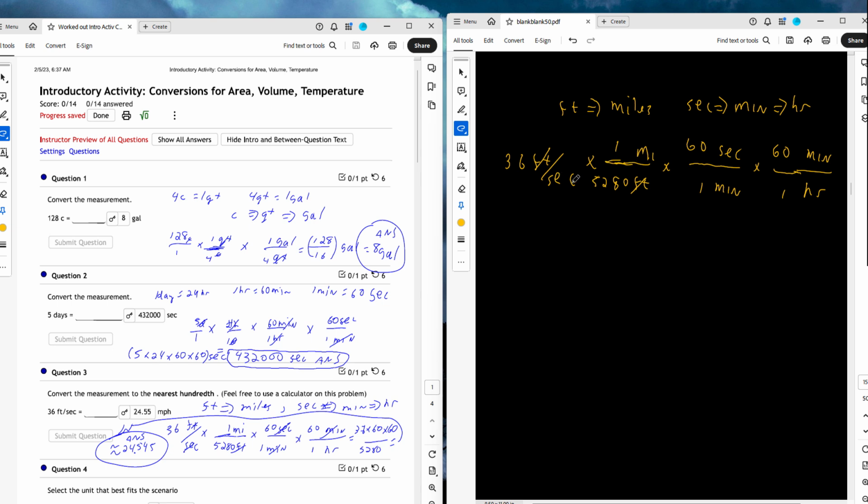When I multiply, seconds cancel out, and I'm left with minutes, and then minutes cancel out, and I'm left with hours. So across the top, I'm going to have 36 times 60 times 60. And on the bottom, I'm going to have 5,280. And the units is going to be miles per hour.